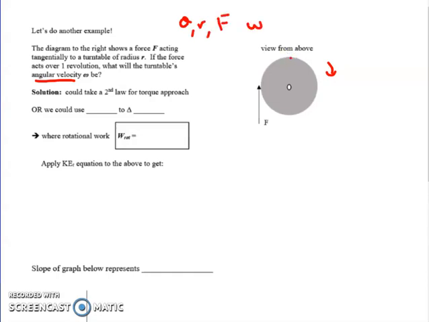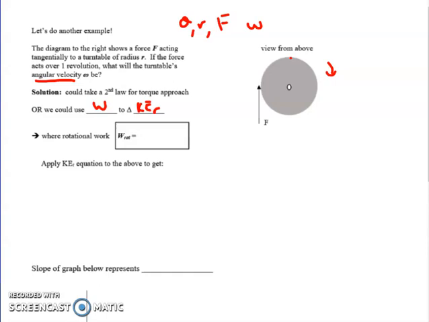So we could take a torque, F times R, find angular acceleration, and find angular velocity. Or we could, again, use the idea of energy, or in this case, work. We could use the work done to create a change in rotational kinetic energy, where rotational work is analogous to linear work.